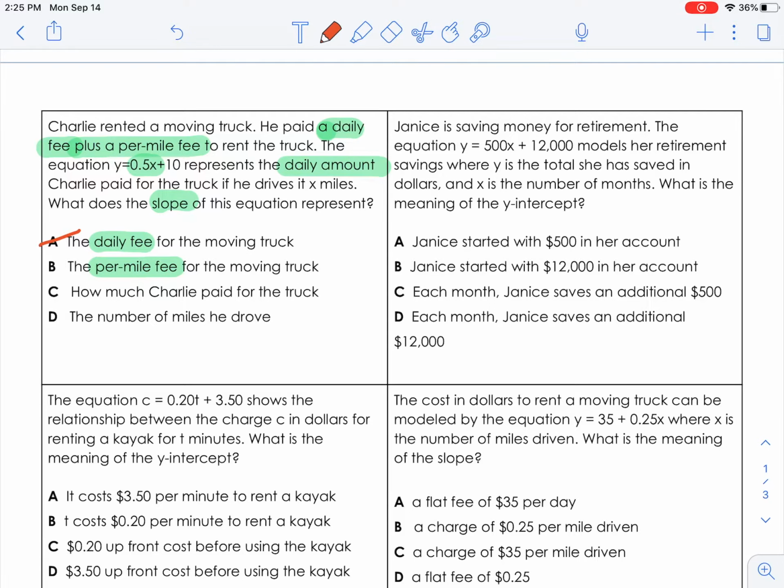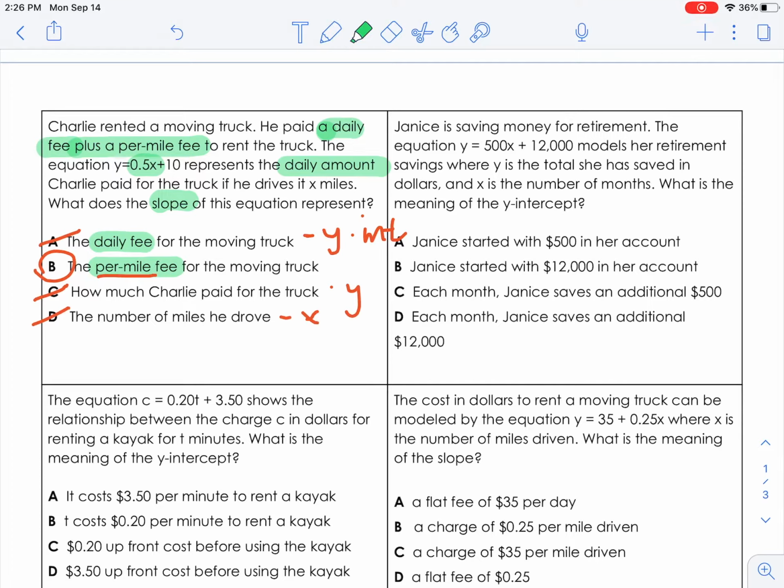So it is not going to be the daily fee. It's not going to be how many miles he drives or how much he paid for the truck. That's X, that's Y, and then that's your Y-intercept. So it's going to be the per mile, okay, per mile.